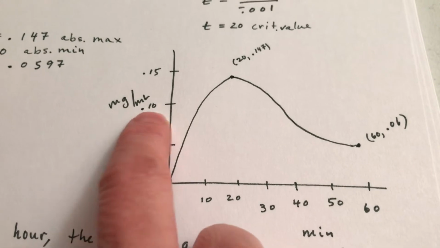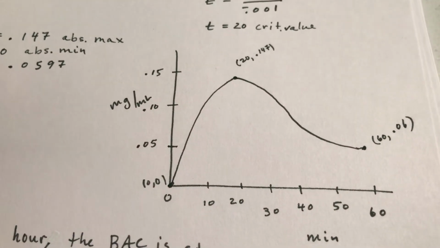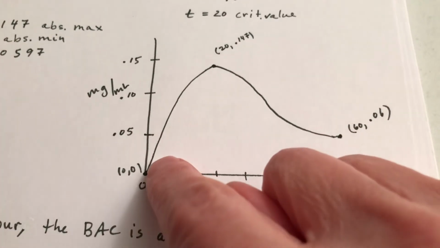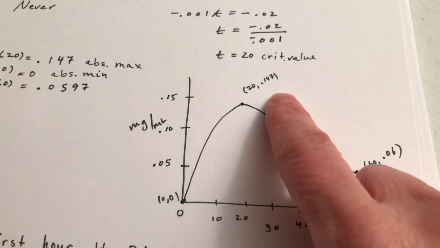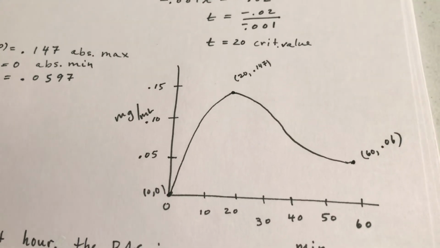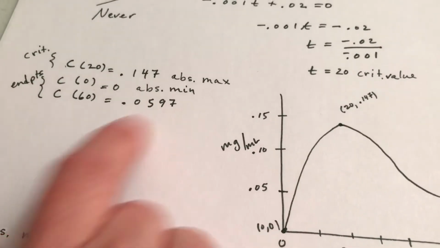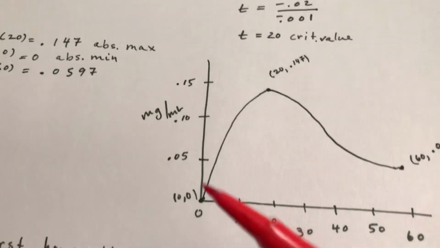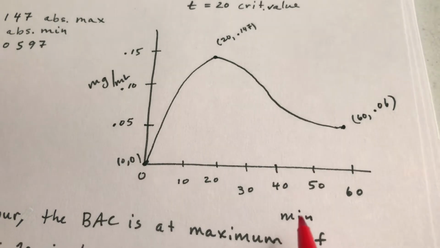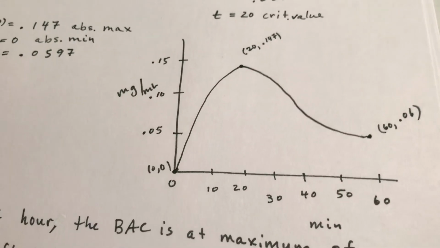This is in milligrams per milliliter, because that's your concentration. When I graph this, I graph the point (0, 0), the point (20, 0.147), and I even graphed that endpoint at 60, about 0.06. And I got a very nice picture, nicely labeled, with minutes here and milligrams per milliliter.